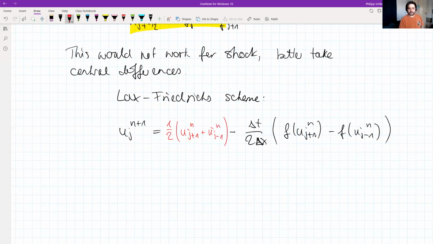So the small difference is that instead of using just the value u_j at n, I take the average of the two neighboring points. And this small change actually makes the scheme stable. The problem with this one is that it's extremely diffusive, so you will not get a very good solution if you apply it everywhere. It's an extremely diffusive scheme.